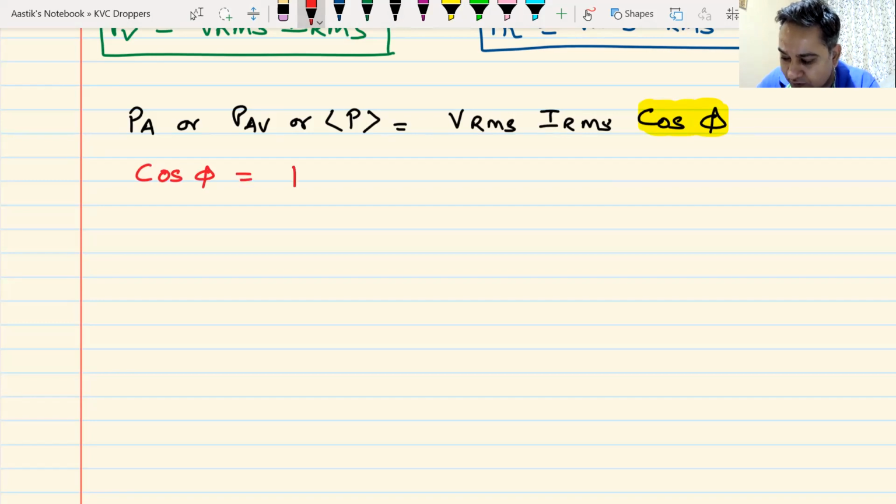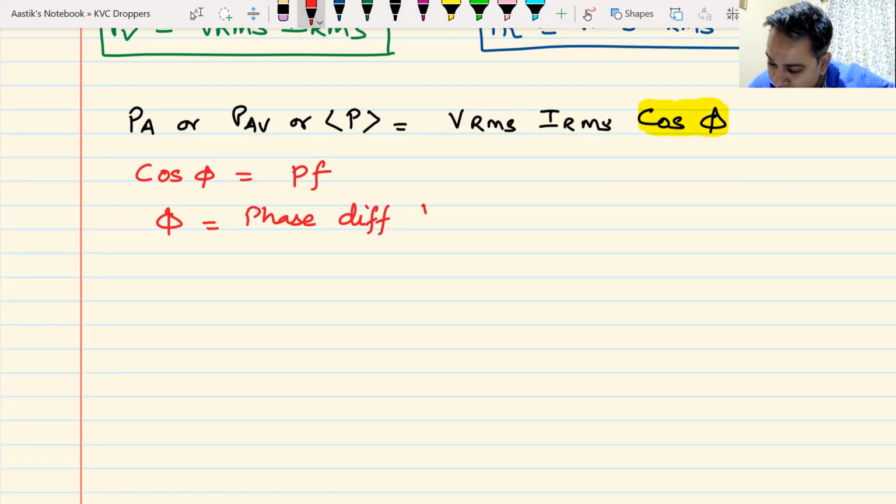If you remember from the very first class, this phi is the phase angle, or phase difference, between voltage and current.